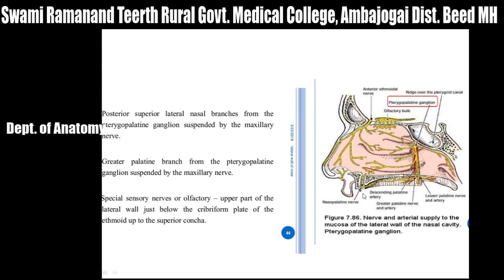Then special sensation, the sense of smell or olfaction, is in the upper part of the lateral wall. Just below the cribriform plate, you can see the rootlets which enter into the olfactory bulb.